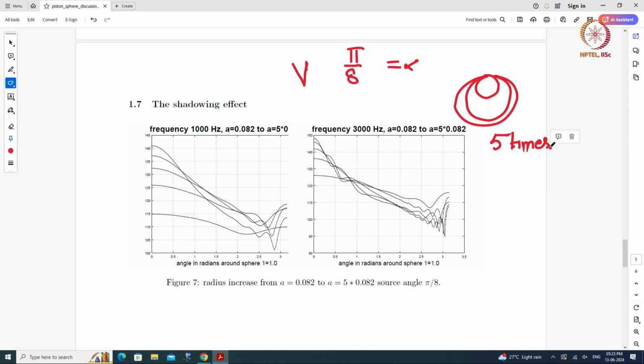That is what this says, A to 5 into 0.082.